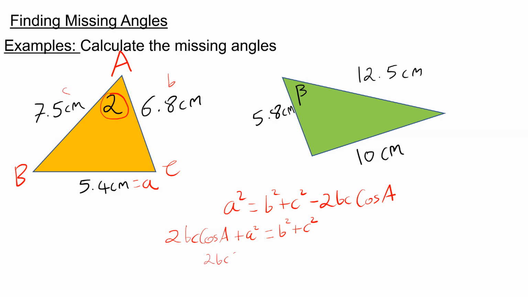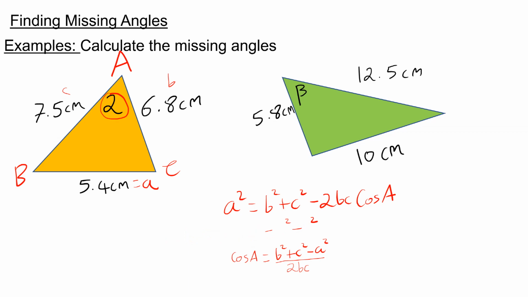So I have 2bc cos a equals b squared plus c squared, take away a squared. And finally, I'm going to divide both sides by 2bc.